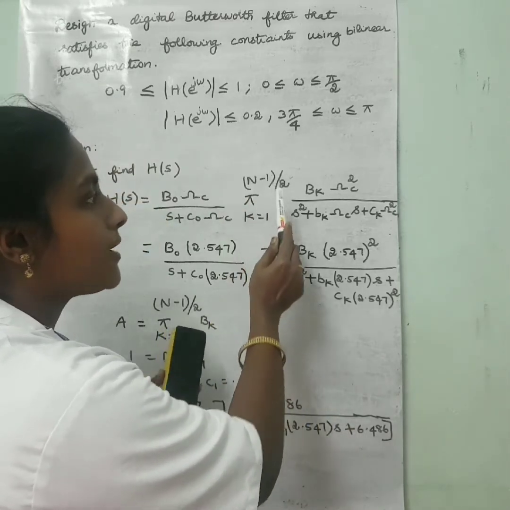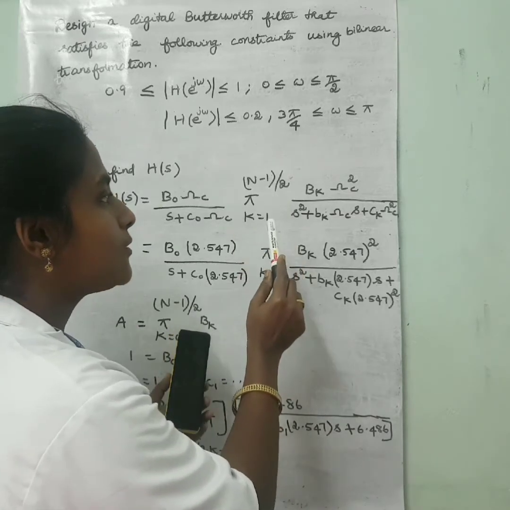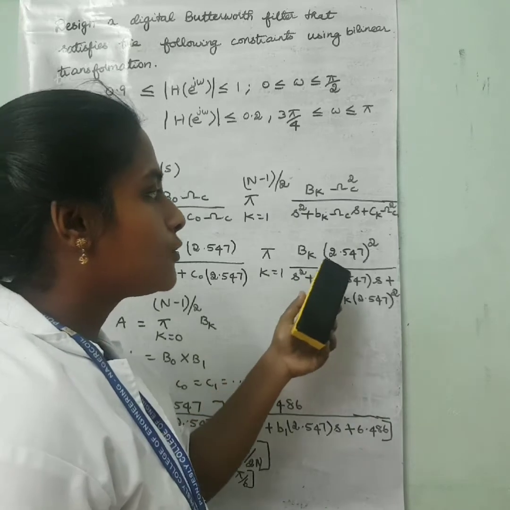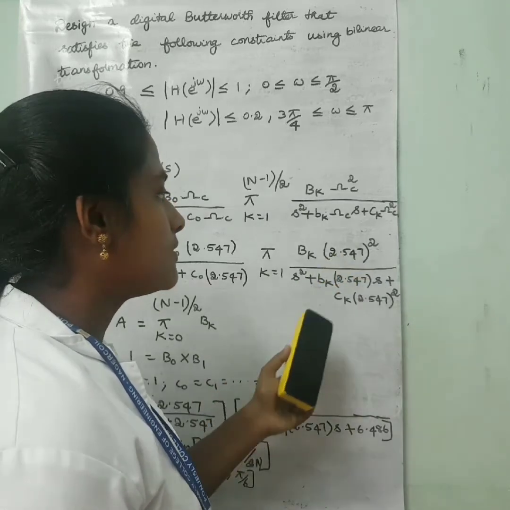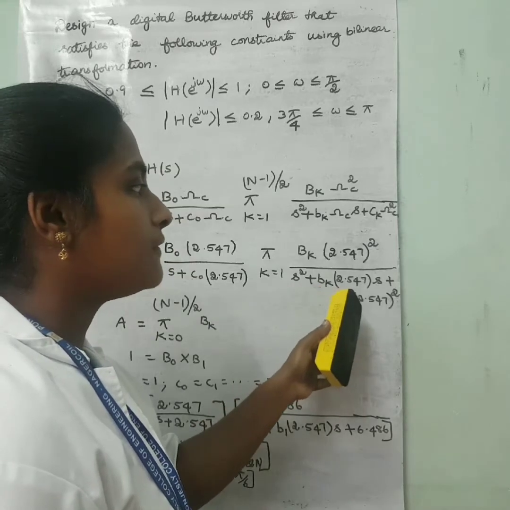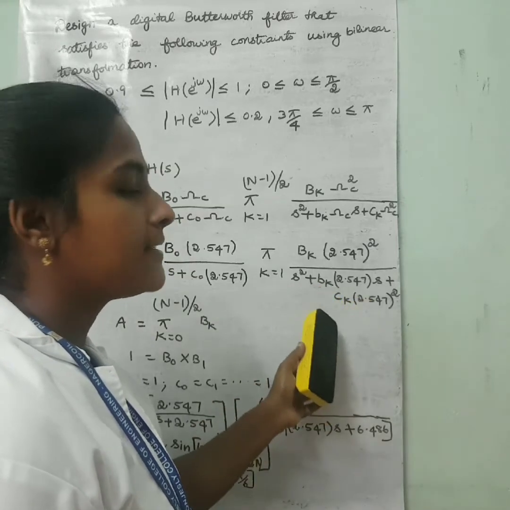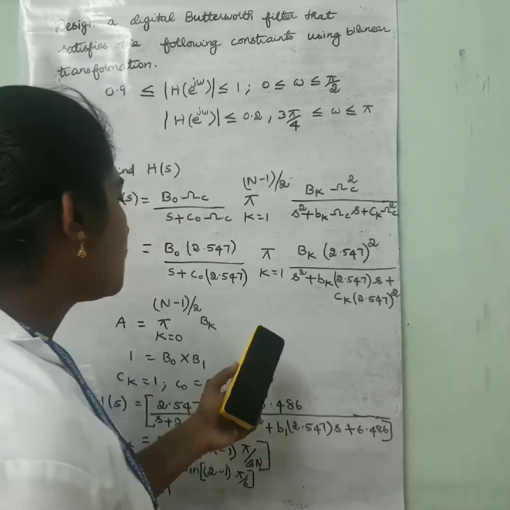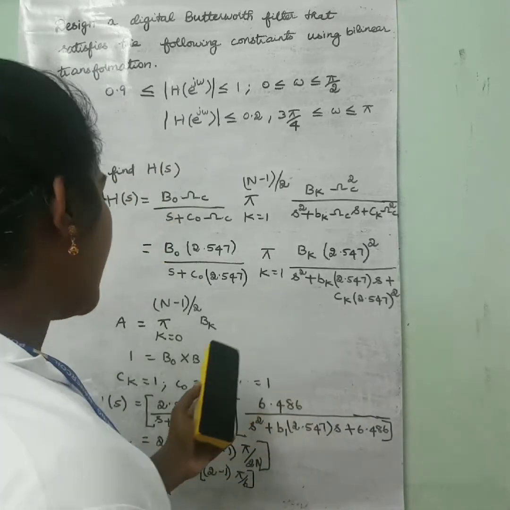So 3 minus 1 is 2, and 2 divided by 2 is 1, so k is equal to 1: bk into 2.547 the whole square divided by (s square + bk into 2.547 into s + ck into 2.547 the whole square). Now we have to find the value of bk, okay?